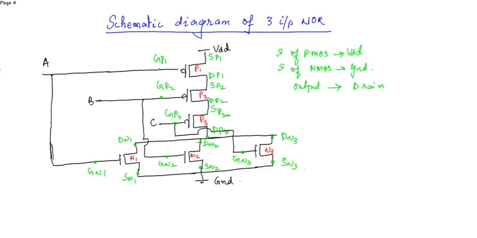That is, apply the input, this is the input A, B, C, and there is the output Z. This is the output. Output is obtained from the common drain position, or you can just extend this. Z is the output.